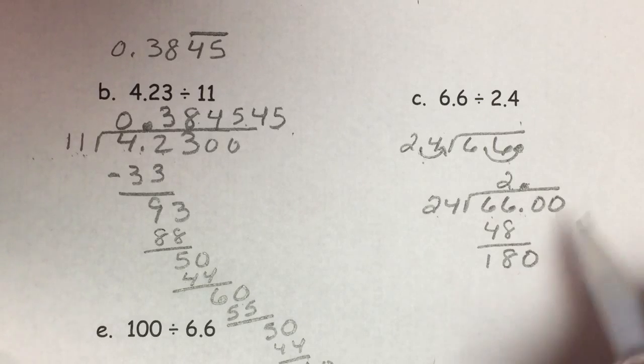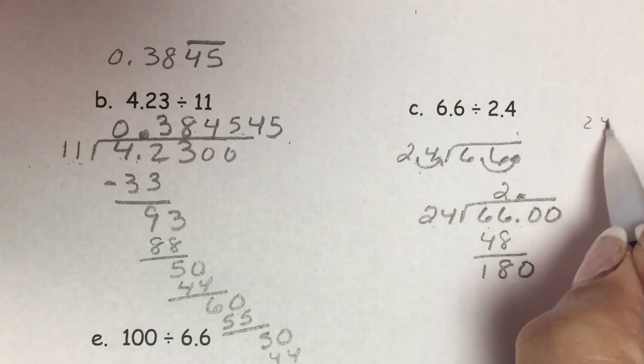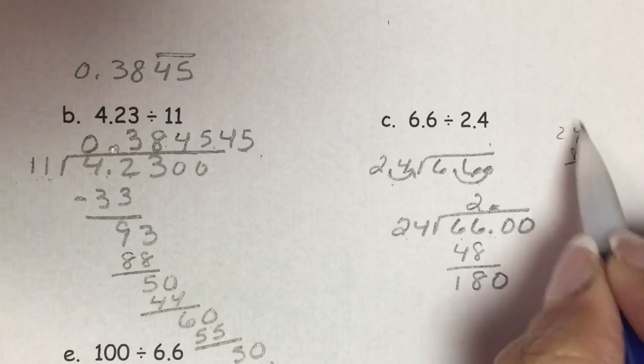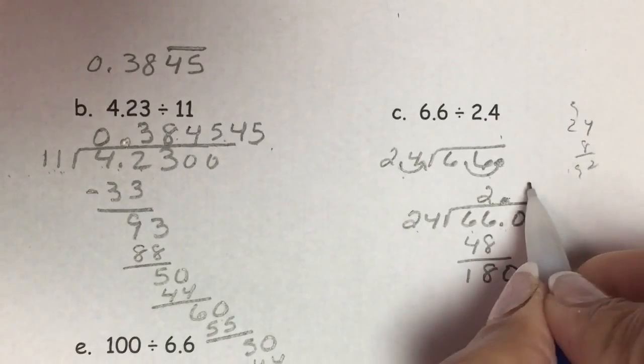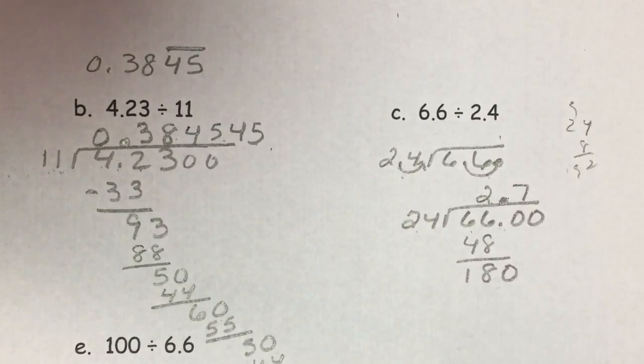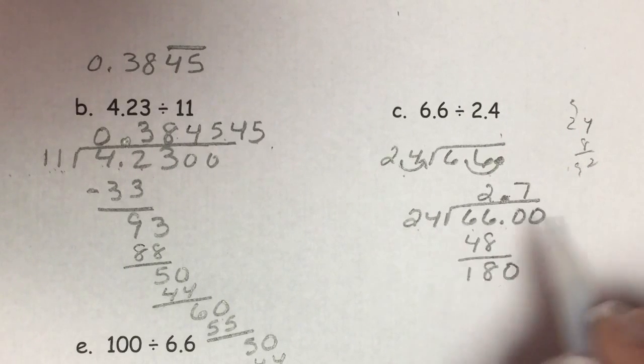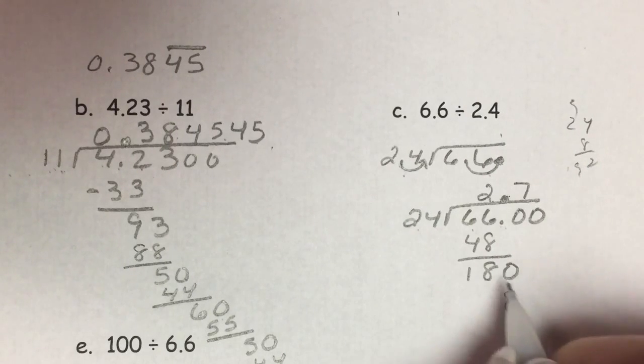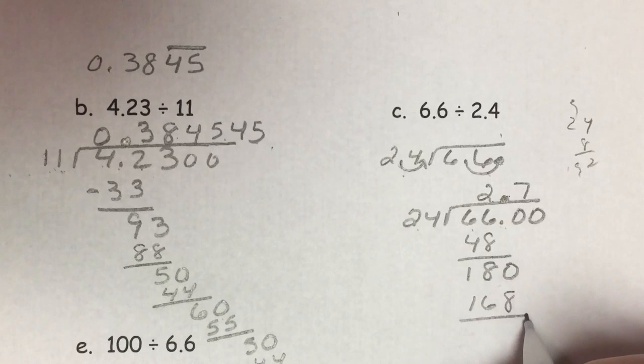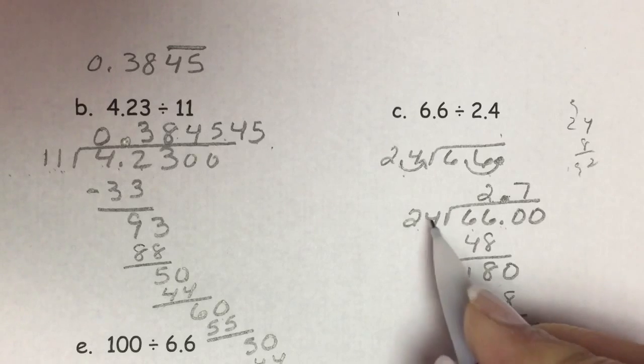Is it 8 times or 7? What's 24 times 8? That's 192. So it's going to be 7 times. 7 times 24 is 168. Subtract, I get 12. Bring down a 0.